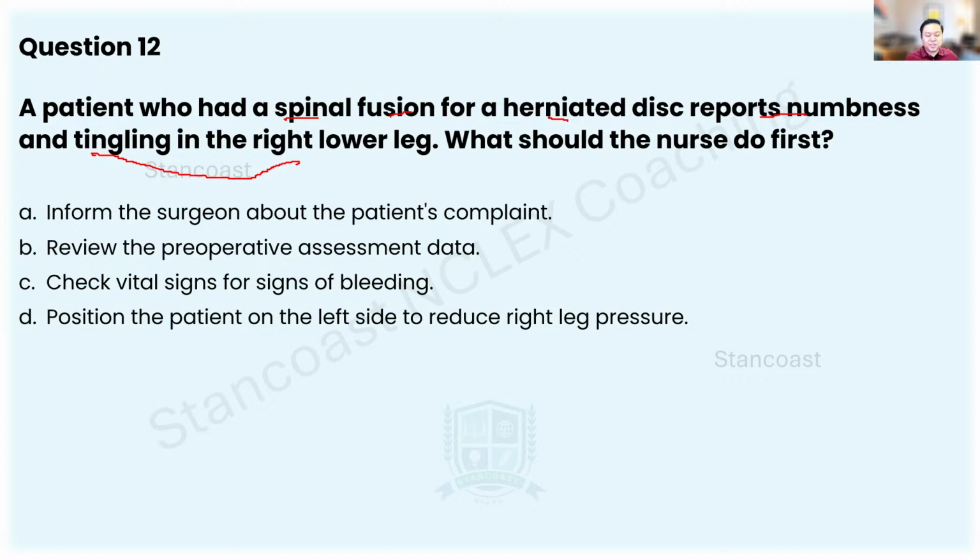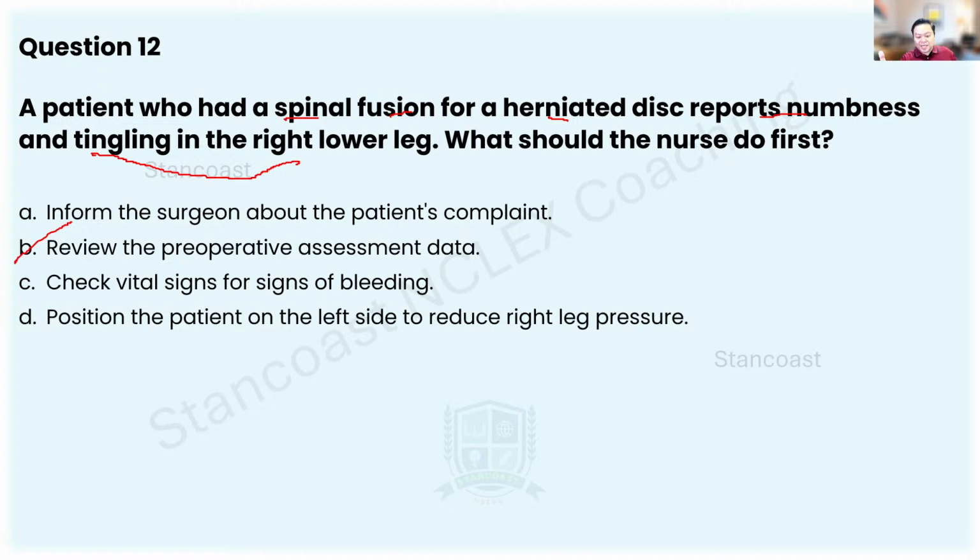So your patient is status post spinal fusion. Now they're reporting numbness and tingling. Okay. Calling the doctor is good, but that should be done after you have done your diligent assessment, which is basically reviewing the pre-op assessment data before they had the surgery, right?